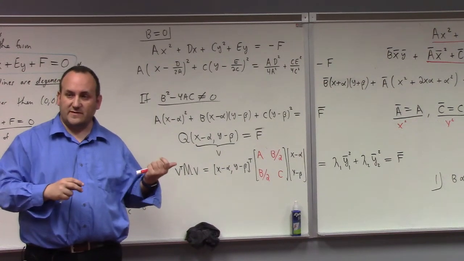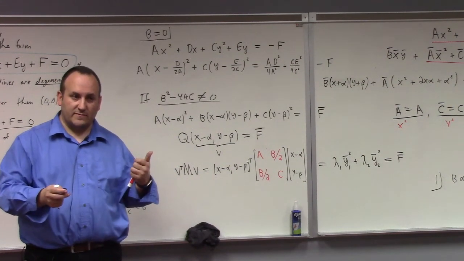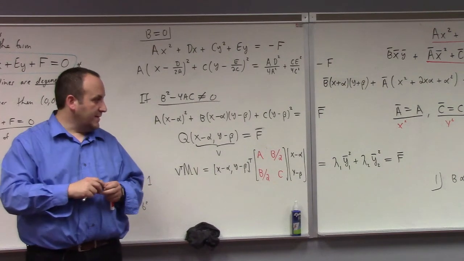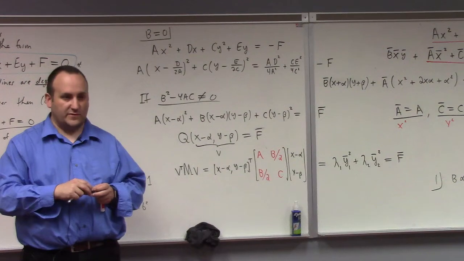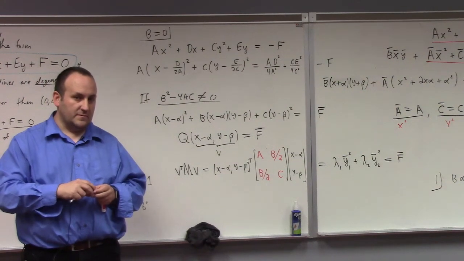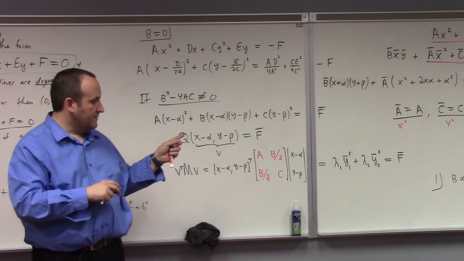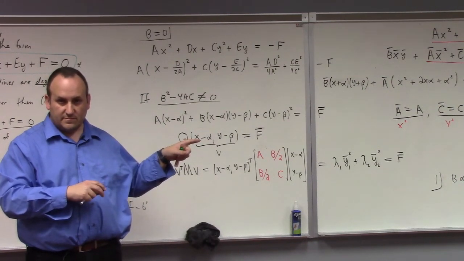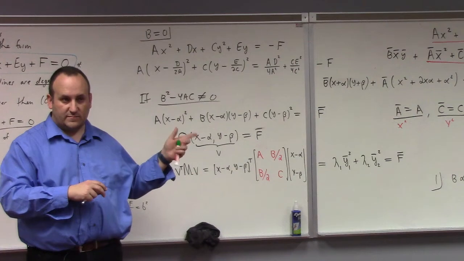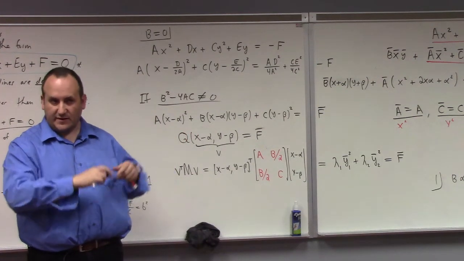If lambda 1 is positive and lambda 2 is negative, it's a hyperbola, or vice versa. If lambda 1 and lambda 2 are both negative, but f is positive, there's no solution. If one of them is 0 and the other one is non-zero, it's a pair of lines, right? But the lines are rotated because it's a rotated coordinate system.